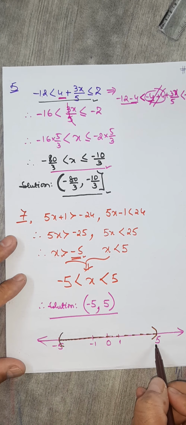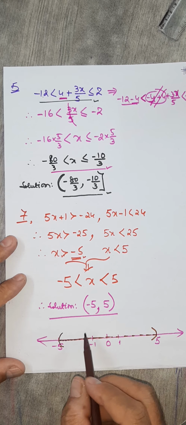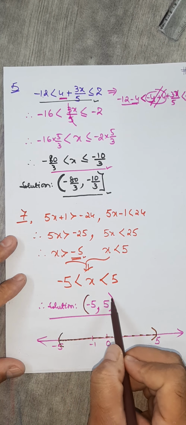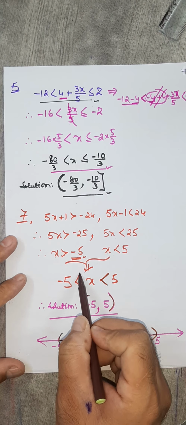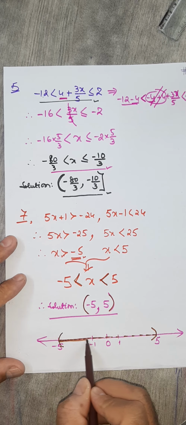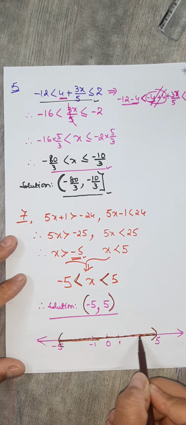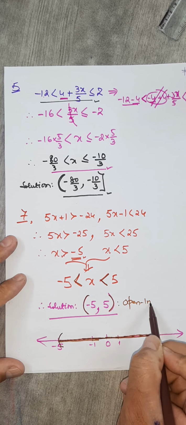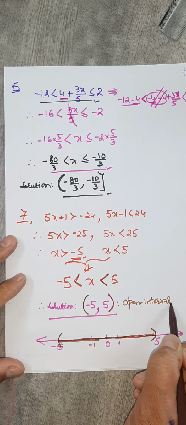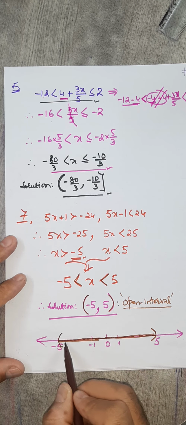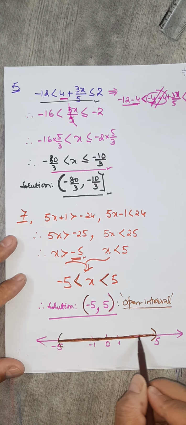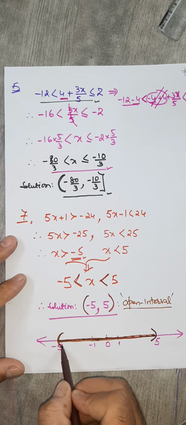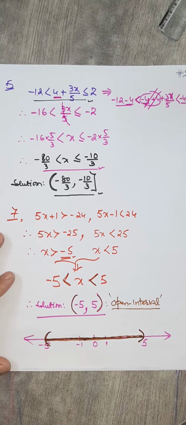Minus 5 and 5 are not included, remember, because here you have an open interval, because you have strict less than inequality. So this is a solution. You know that this is known as an open interval. Every number from -5 to 5 will satisfy this inequality. So this is called the solution.